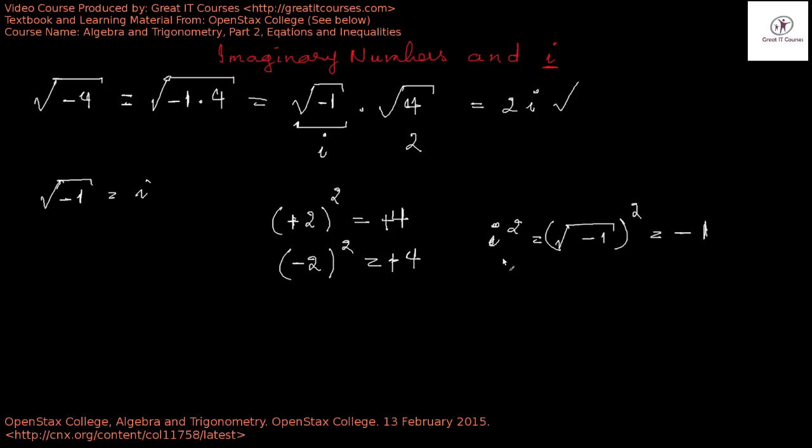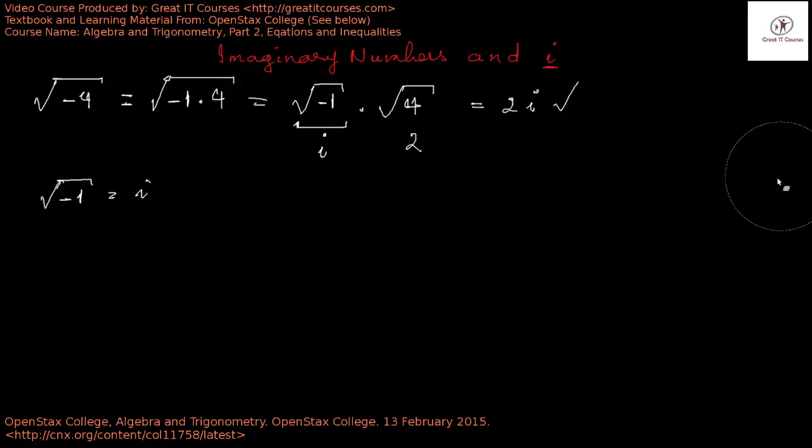So this is an imaginary number, and I have squared it and gotten a negative real number. So that's the difference between imaginary and real numbers.